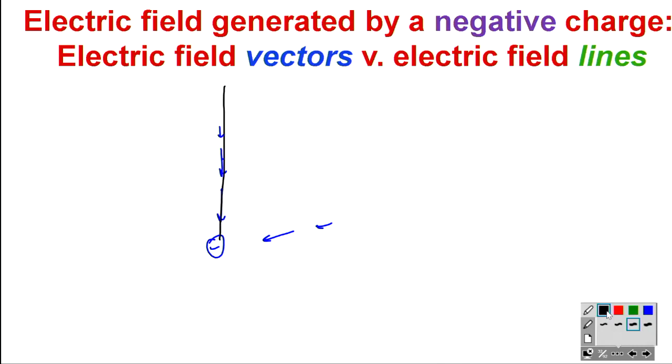And how do we point it? Toward the charge. So electric field lines which represent the existence of electric field generated by a negative charge are lines, infinitely long, but they point toward a negative charge.